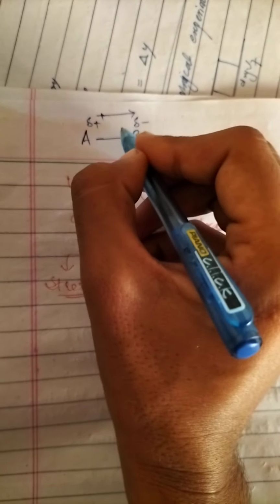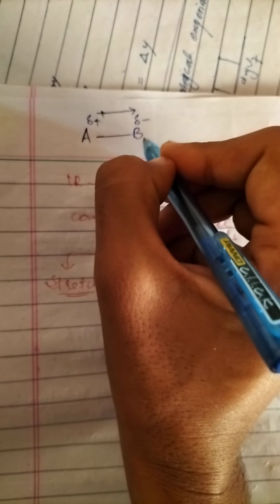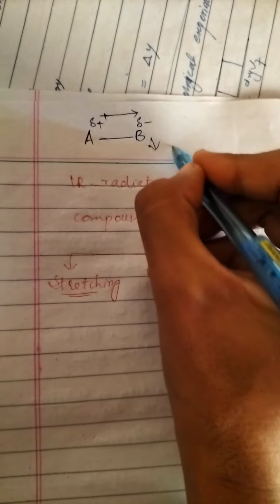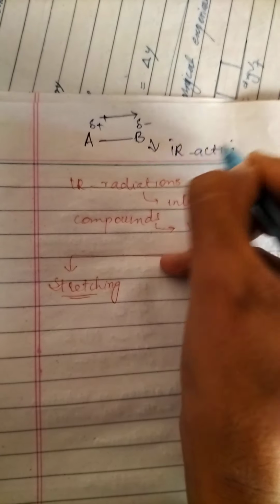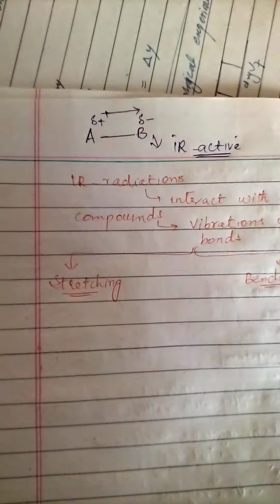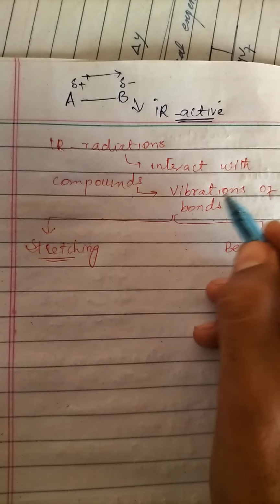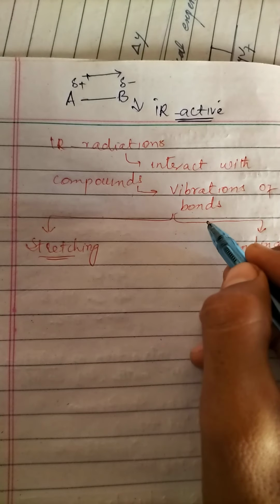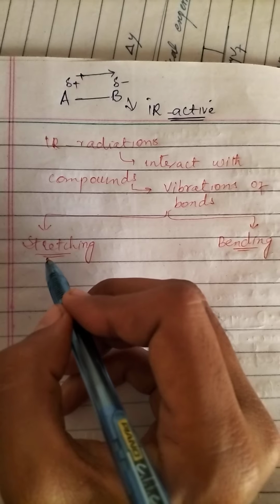And those molecules which have polarity, which have some dipole, are called IR active. And only the IR active compounds give the vibrations of the bonds, and these vibrations are two types: stretching and the bending.